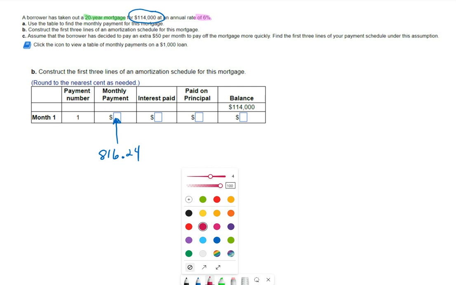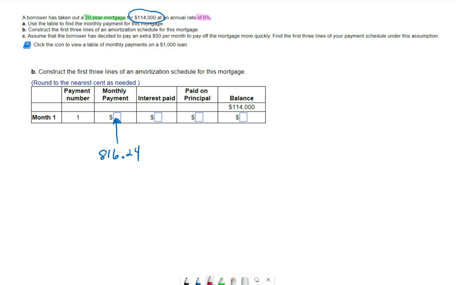Now, for the next part, let me switch to a different color. How about this color? Okay. Interest. The interest that you pay is going to be based on how much you owe. And to find the interest, you'll simply use the simple interest formula of principal times rate times time. Your principal was $114,000.